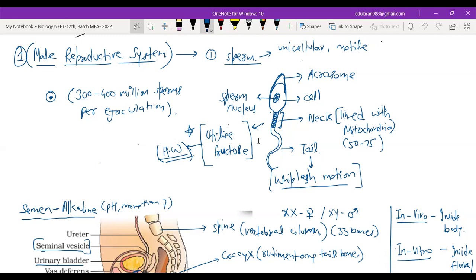But sperms get nutrition from fructose, not from glucose. And in one ejaculation, there are around 300 to 400 million sperms that are sent into the female tract. But even then, with so many sperms, fertilization is a chance event. It is possible that fertilization may not happen.